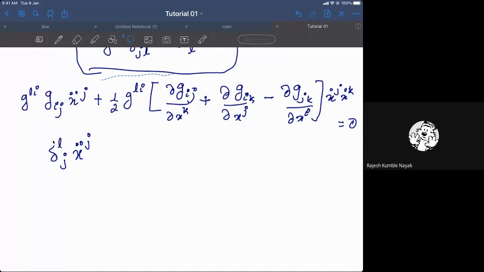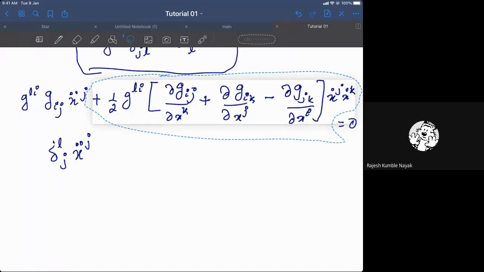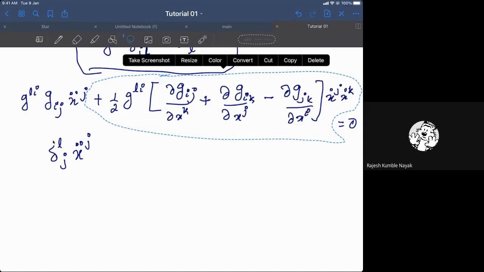On the board you could have done it by rubbing it out and simply writing it, but it's the same thing I am doing here. This is equal to 0.